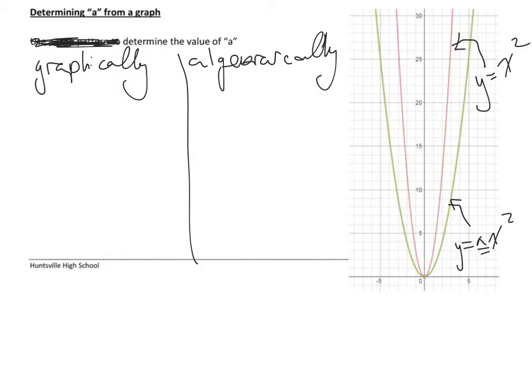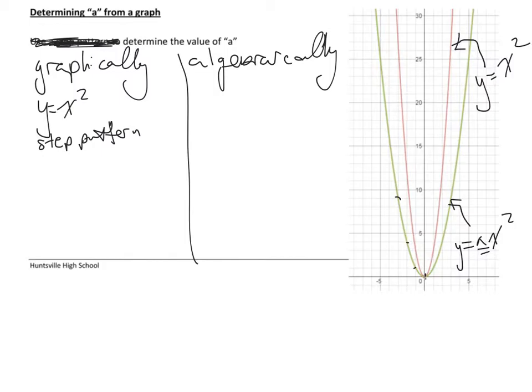So graphically, what we would do is first look at our step pattern for y equals x squared, and figure out the step pattern. To do that, you start at the vertex. There's my vertex right there. And you figure out, okay, so to that next point, what's our pattern? There's one point, and there's our next point, and there's our next point.